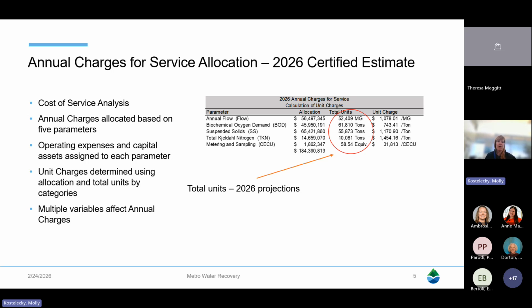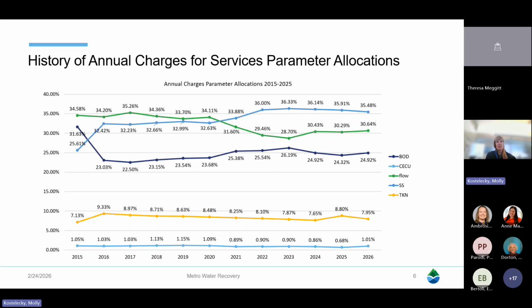This slide is just showing you how we break out those costs. Something I wanted to point out is that over time, our annual charge parameter allocation, in total compared to each other, changes. So flow may be going down a little bit in terms of overall allocation to the total costs of treatment. That's because flow is going down a little bit.